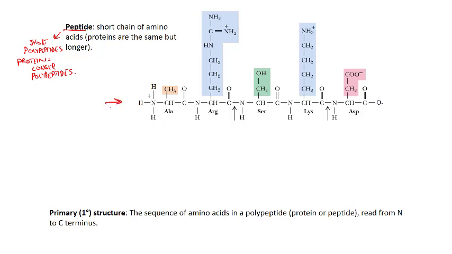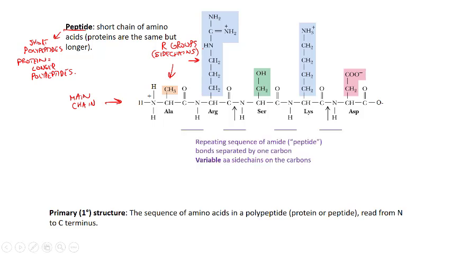You'll notice that we have what's called a main chain, which contains the alpha carbons, the amines, and the carboxylate carbons. And then our R groups, which we call the side chains, hang off the side of the main chain. We said that every polypeptide is a repeating sequence of peptide bonds and a repeating sequence of side chains as well.